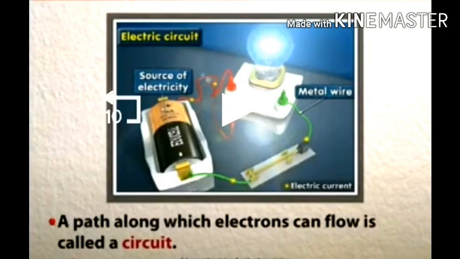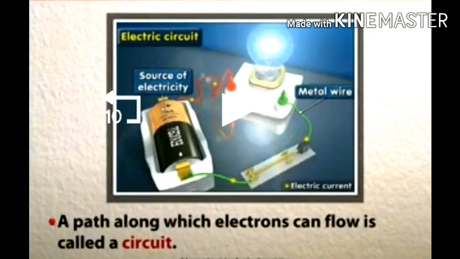Now let us learn the electrical circuits. To represent an electrical wiring or solve problems involving electrical circuits, circuit diagrams are made. Now what is an electrical circuit? A path along which electrons can flow is called a circuit.